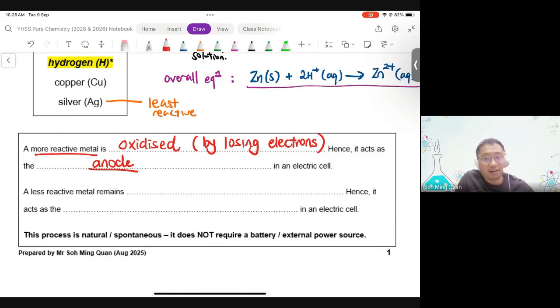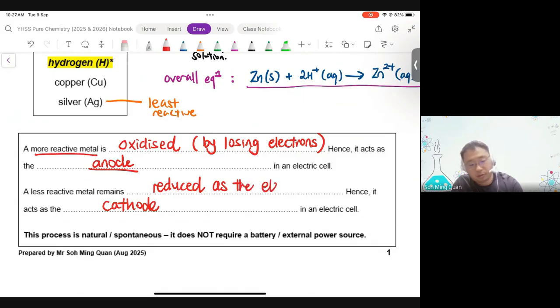On the other hand, the less reactive metal remains reduced, so it acts as the cathode. A less reactive metal like copper stays as the element. It doesn't become Cu2+. It remains the same as before. Okay?